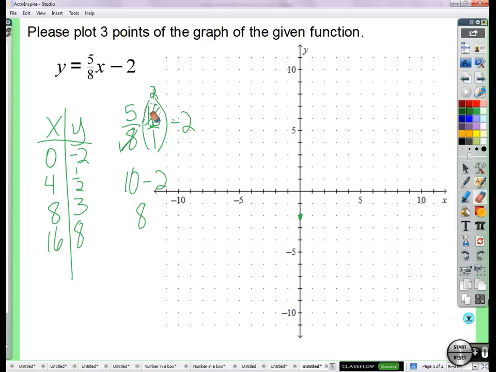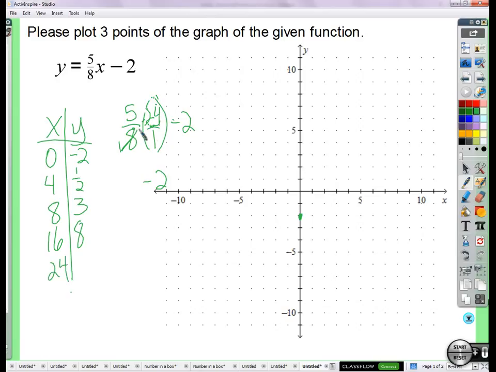What's another number where that's going to happen? Doubling? Yeah. So what will be the next one? 24, you think? Let's see.